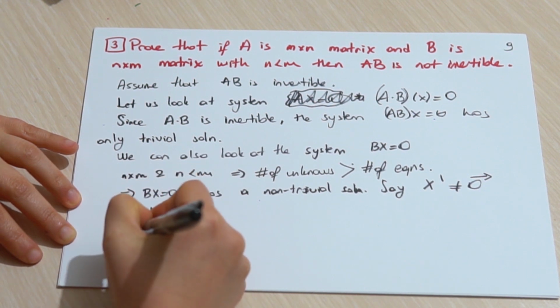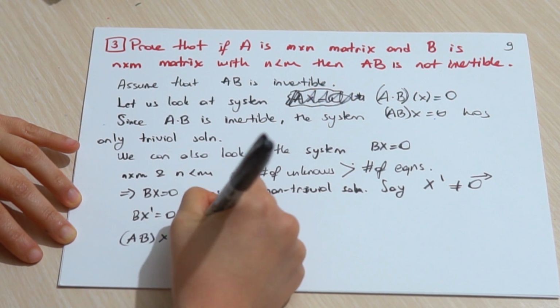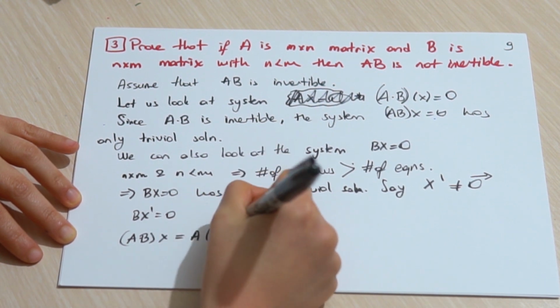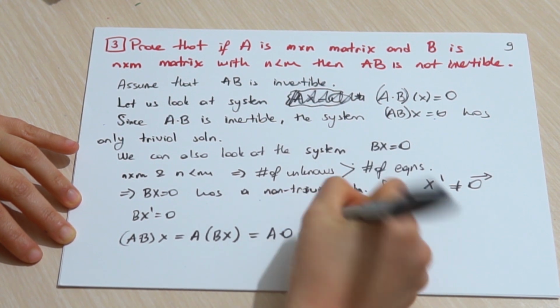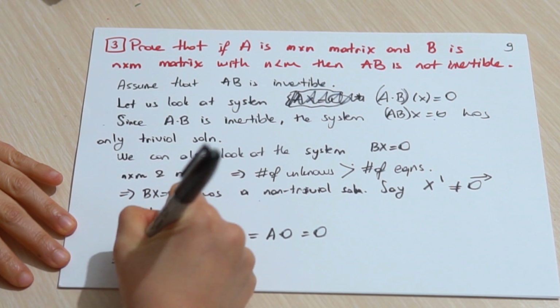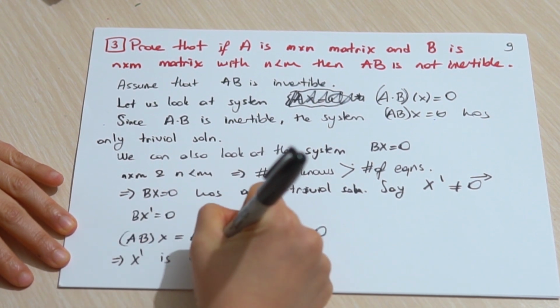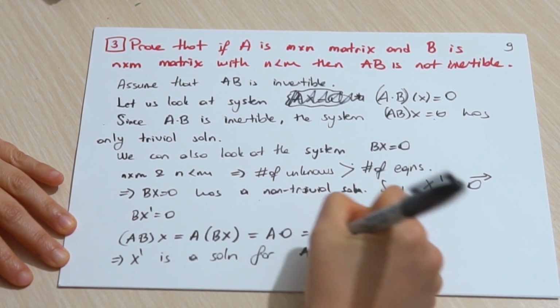Let's look at A times B of x. This is equal to A of B of x, and this is 0, so A times 0 is equal to 0. So x prime is a solution for A times B.